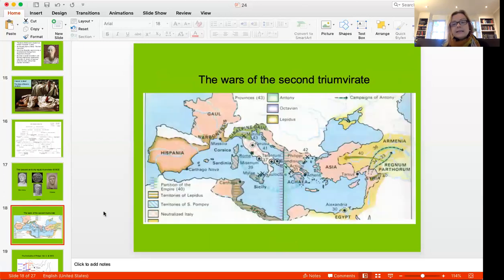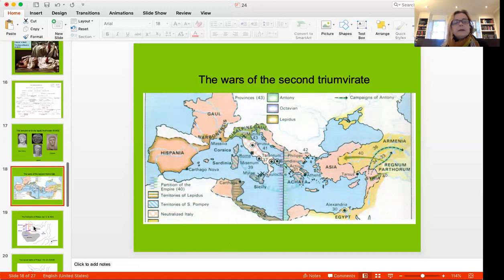And in fact, in the year 42, if you look on the map now, right here in Philippi, we are here in what would be modern day Greece. In two battles, the triumvirs encountered Brutus and Cassius, who still had loyal soldiers with them.